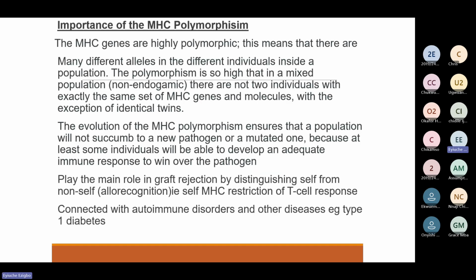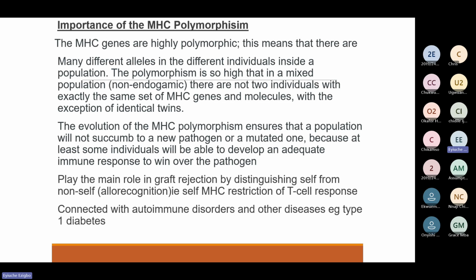So, the importance of MHC polymorphism: whether MHC or HLA, we are still referring to the same complex. The MHC genes are highly polymorphic. This means that there are many different alleles in different individuals inside a population.